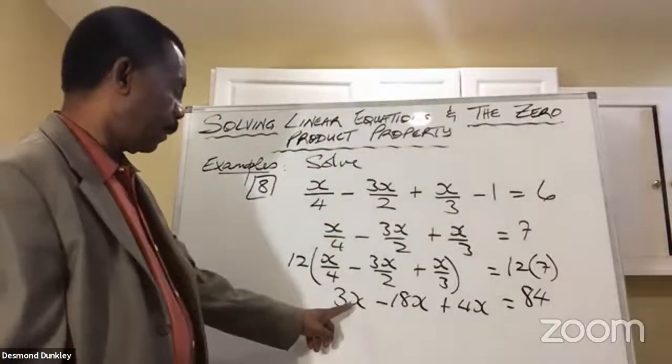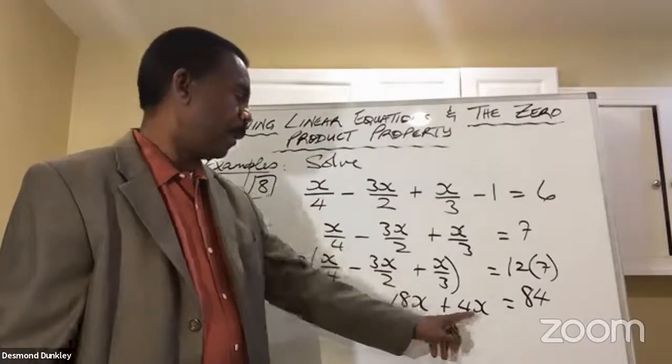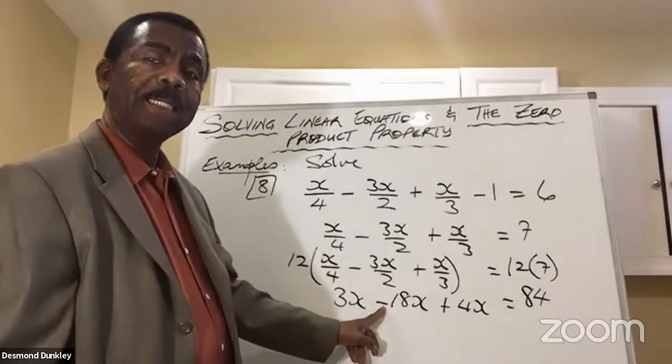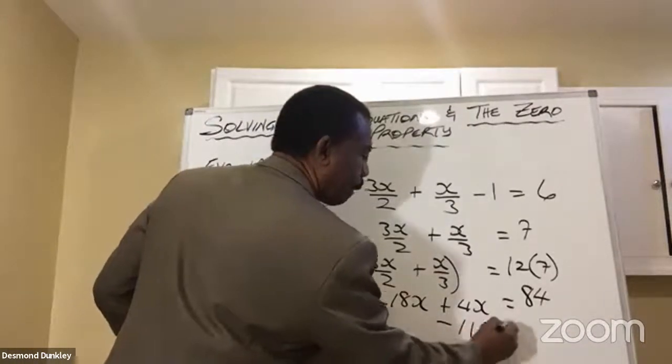Let's combine. 3x plus 4x is 7x. 7x take away 18x is negative 11x.